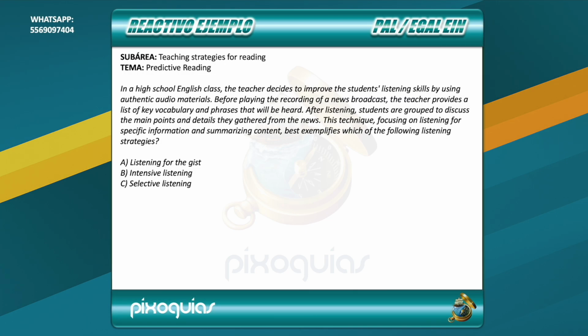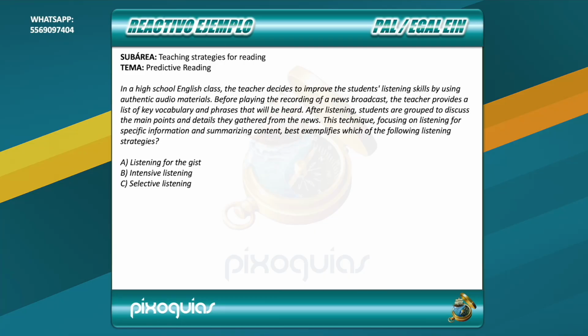For the next item, let's craft a direct questioning type of question, focusing on the sub-area teaching the language skills and the topic strategies to develop listening skills. In high school English class, the teacher decides to improve the students' listening skills by using authentic audio materials.